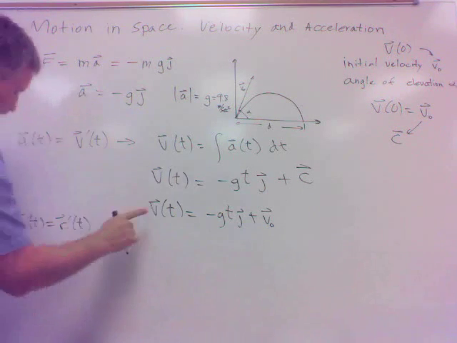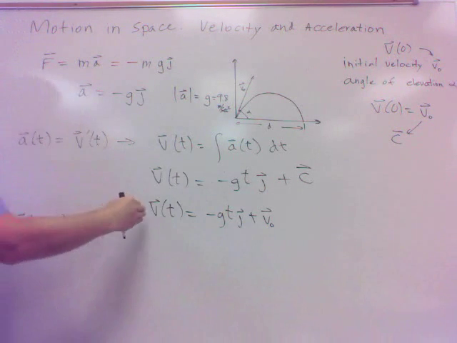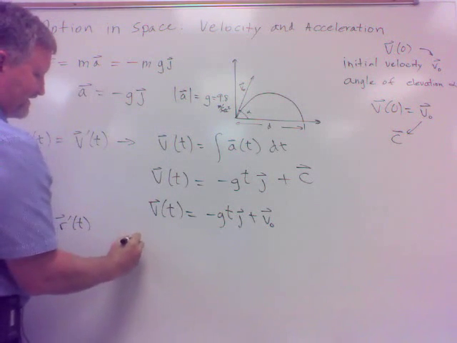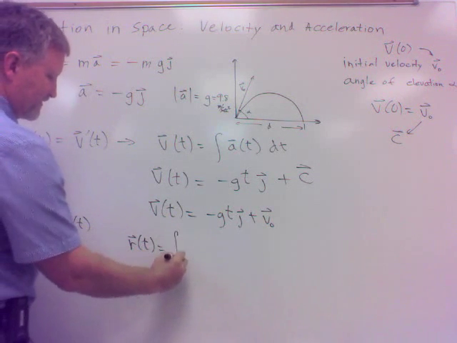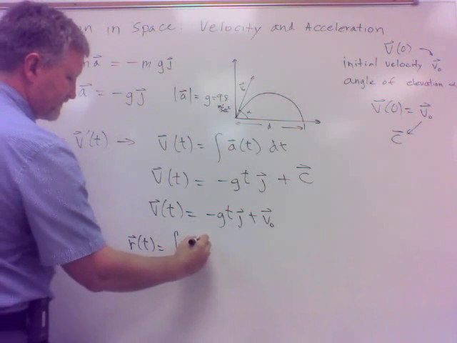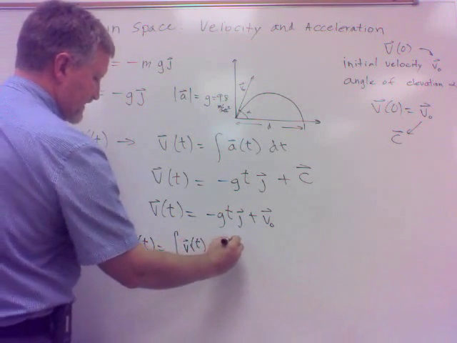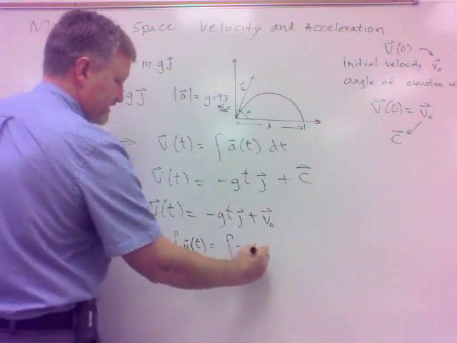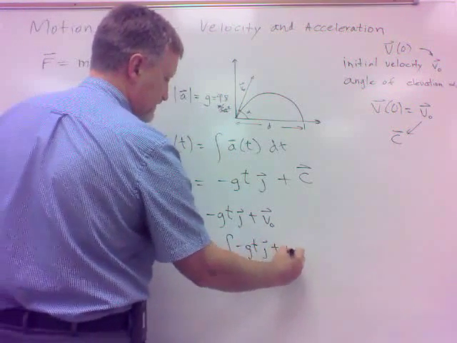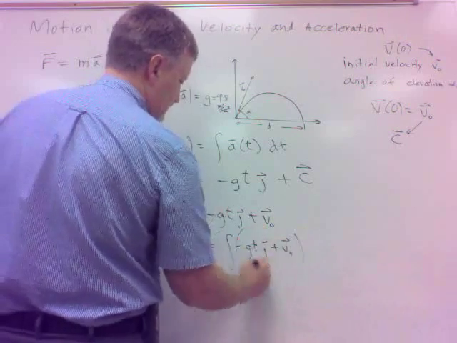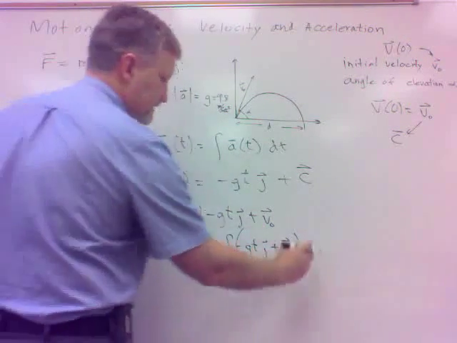If we integrate v of t, that gives us r of t. So r of t here is going to be the integral of v of t, which is going to be the integral of negative gtj plus v0 vector.